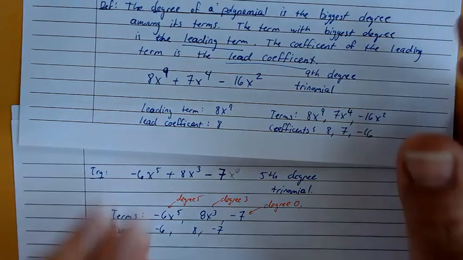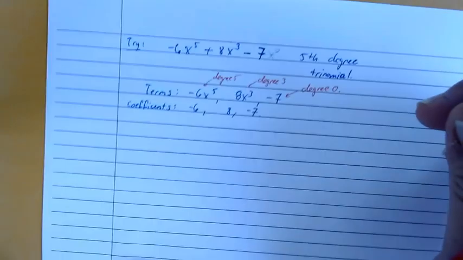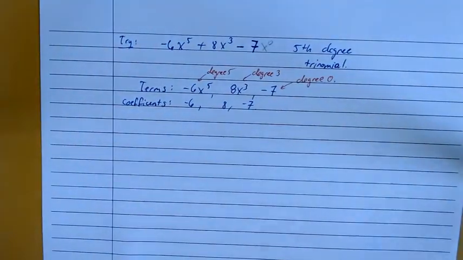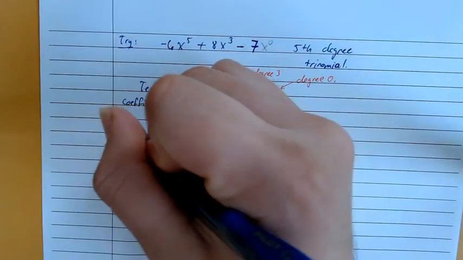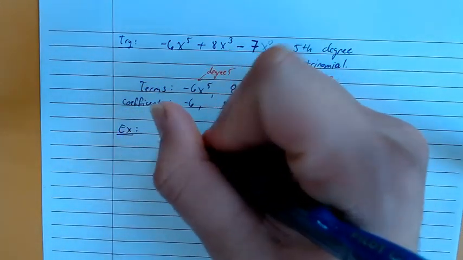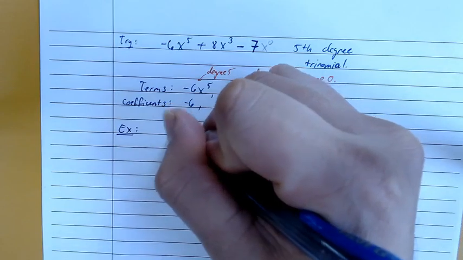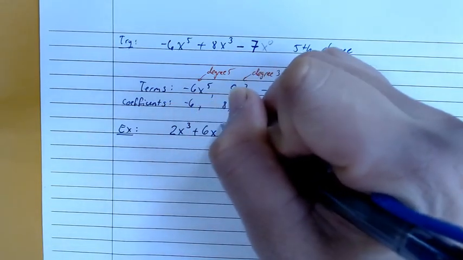All right, now, whenever we have a polynomial, it is a number. And you say, well, wait a minute, what do you mean it's a number? That's not a number. Well, it's not, except it is. For example, consider this polynomial right here. Let's say we have 2x to the 3rd power plus 6x squared.